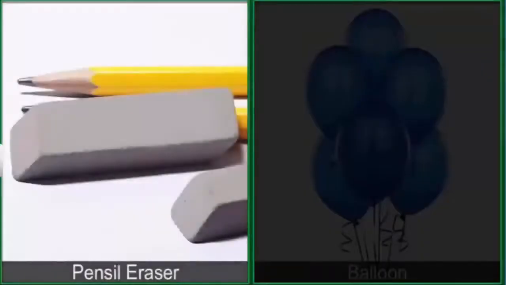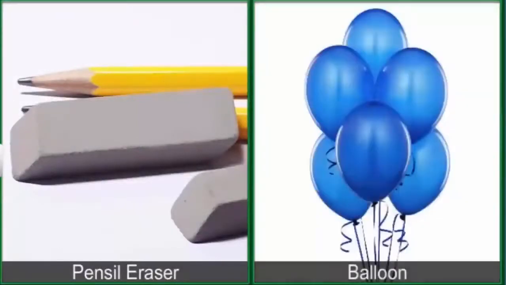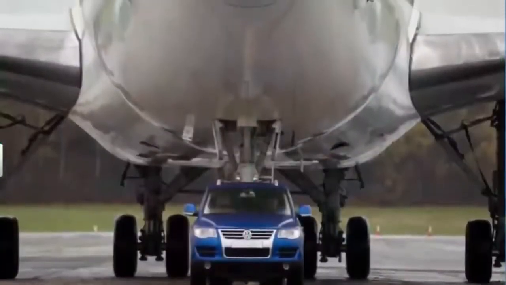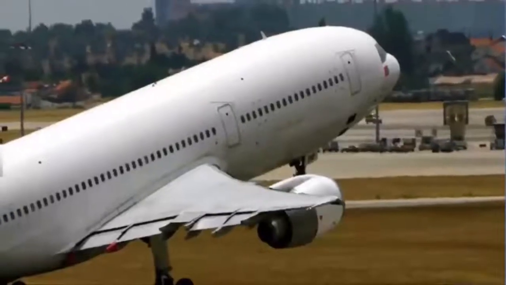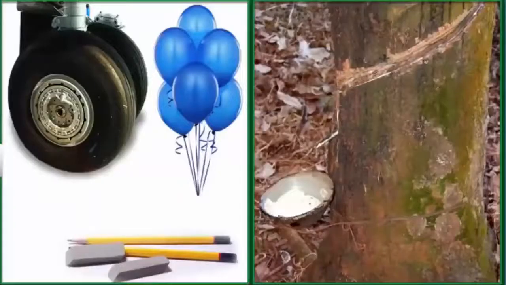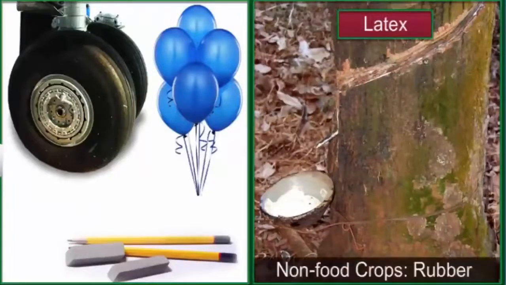The pencil eraser you carry in your pencil box and the balloons that you put up in a birthday party are made from the same material that is used in making the tires that take the enormous weight of a jumbo jet. This material is called latex and is derived from a non-food plantation crop called rubber.